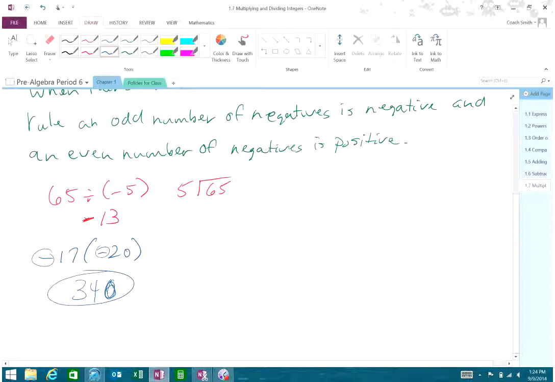If you had this, negative 840 over 70, or 7. That's still division. 7 into 840 goes 120 times.